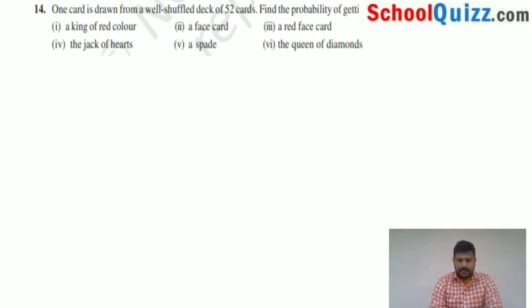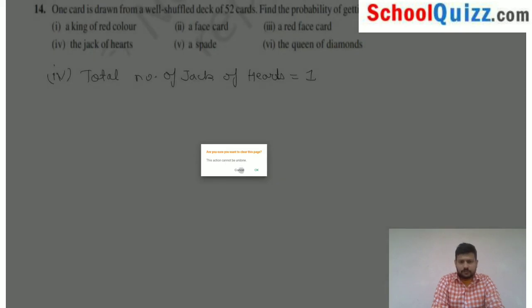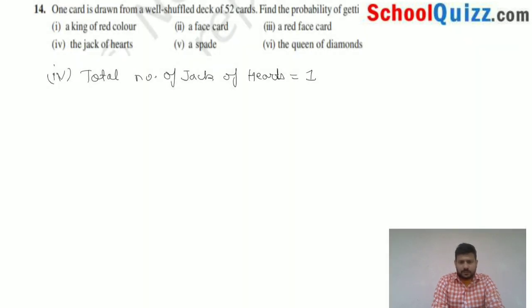Now the fourth part states that you have to find the probability of getting the Jack of Hearts. Now total number of Jack of Hearts is equal to 1. We have total 1 Jack of Heart in a pack of 52 cards.